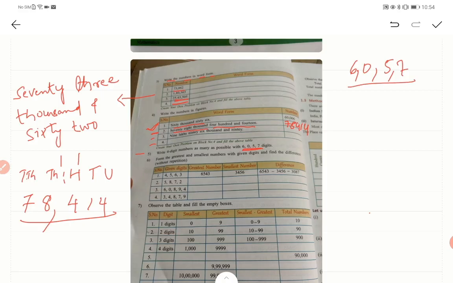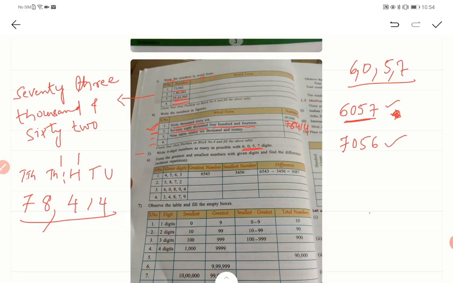So this becomes 6,507. It becomes a 4-digit number, isn't it? Now this will be your greatest number. Sorry, not greatest one. You can say smallest. So you can use 7, 0, 5, 6, you have this number.